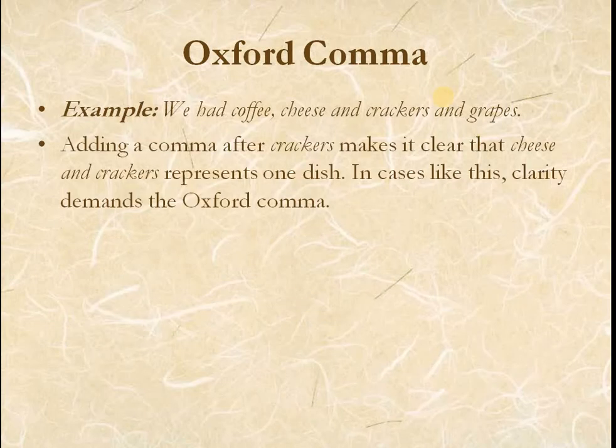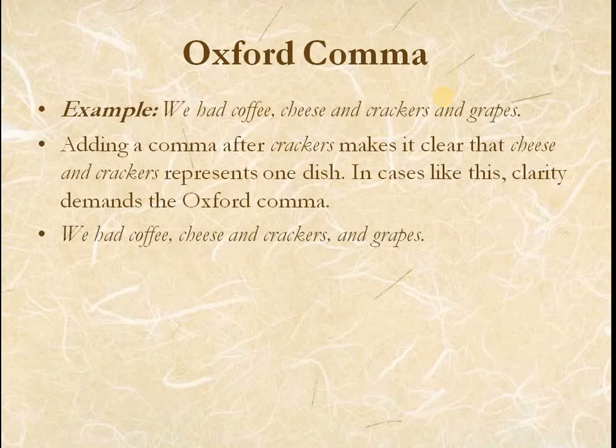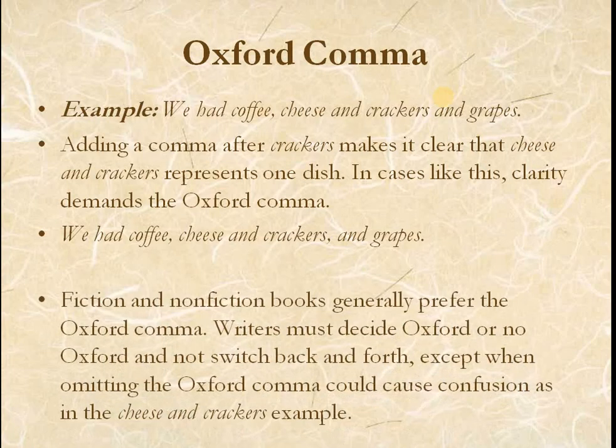When we look at that, the comma makes it clear that cheese and crackers represent one dish. When you talk about two things coming together to represent that they are one, it would be more appropriate to put the comma to indicate that this is one dish.